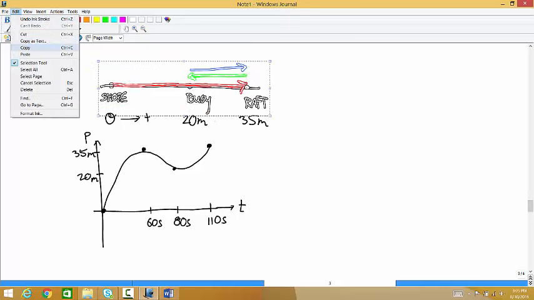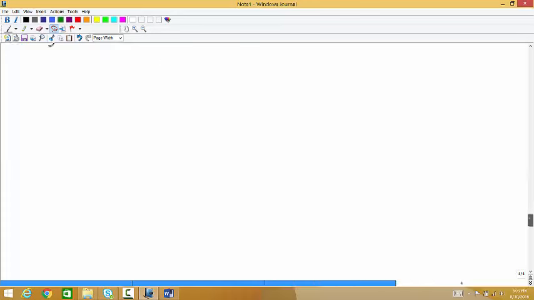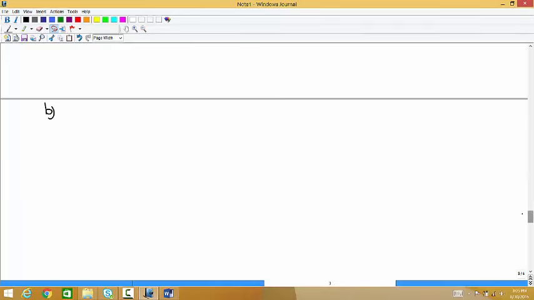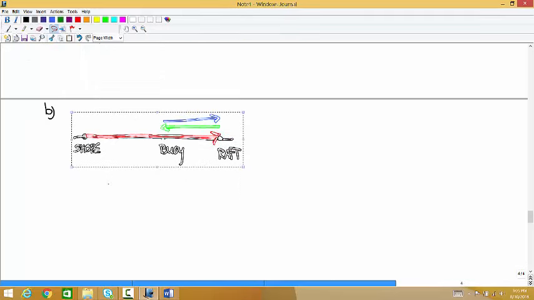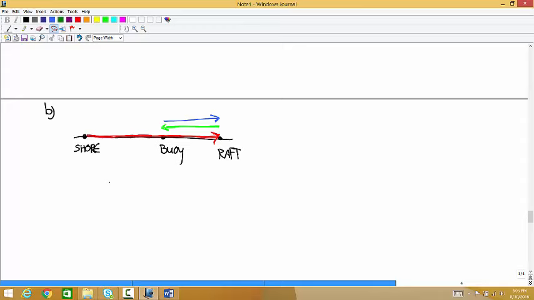You have to draw it again. Okay, so that still describes the motion, right? But now everything's going to be labeled differently.